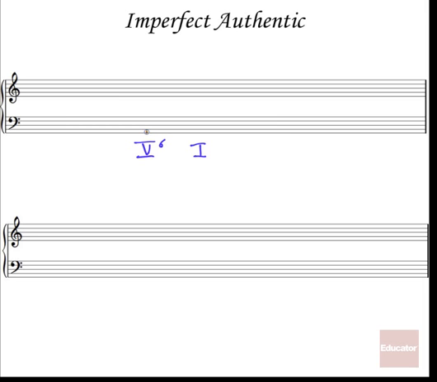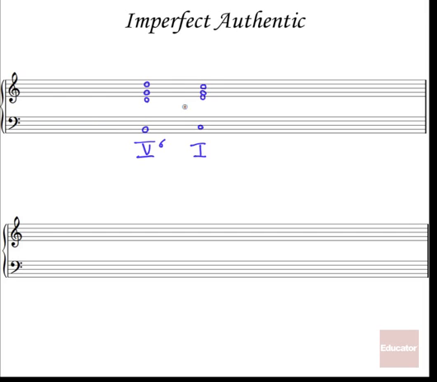So the bass line would be B up to C. And so let's finish out this chord. So B, D, G, D moving to C, and then E, keep the common tone G, C.